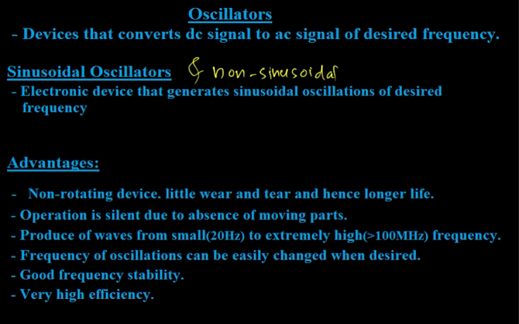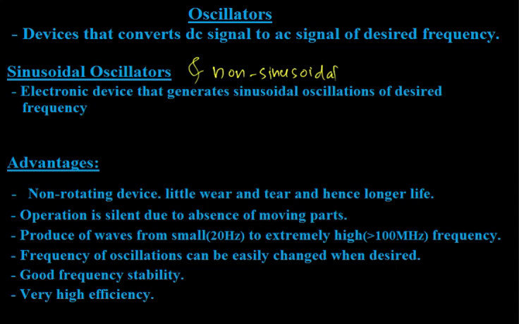That means it may be a square wave, a triangular wave, a sawtooth wave, and so on. The multivibrators are examples of oscillators which produce a square wave output. The sawtooth generator produces a sawtooth wave, the triangular wave generator produces a triangular wave, and so on.